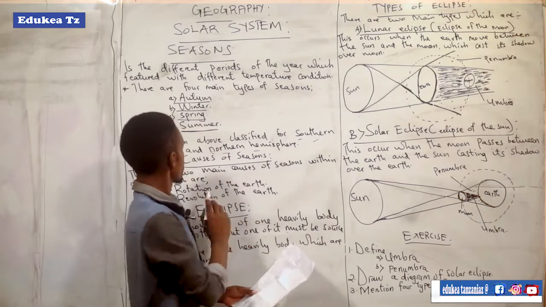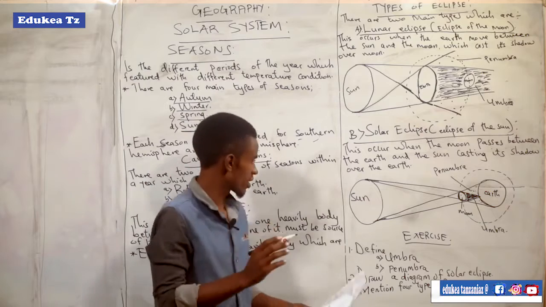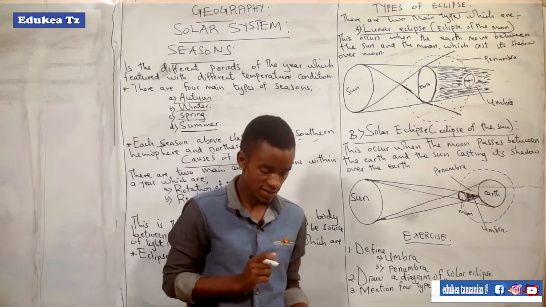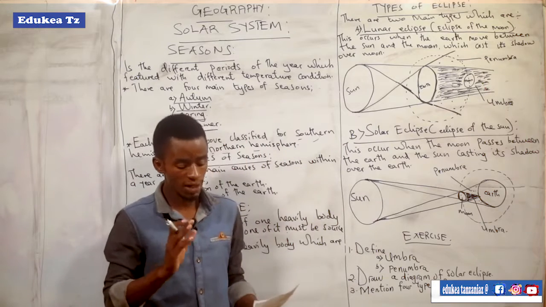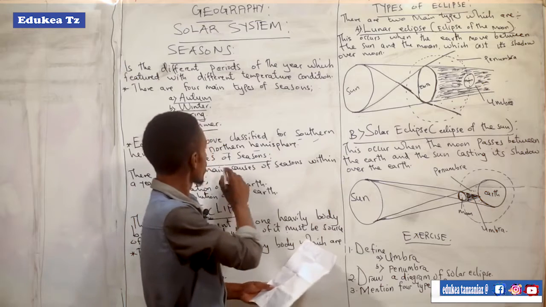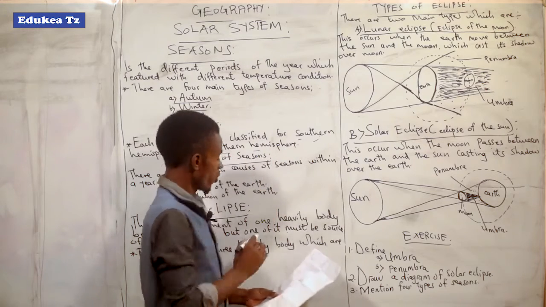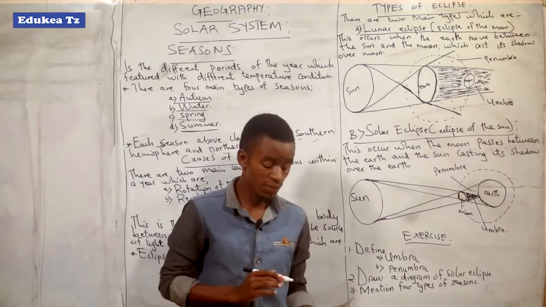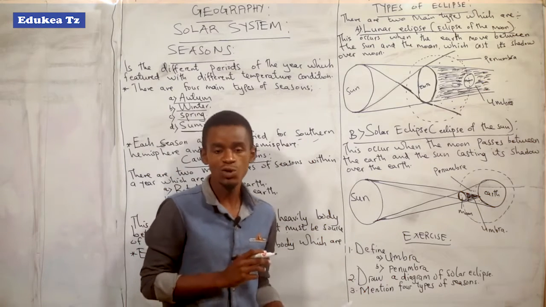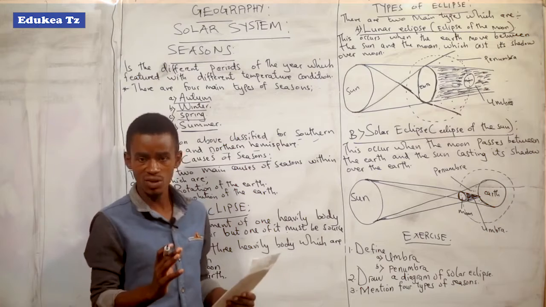Finally, we look at spring. Remember that in the northern hemisphere, spring takes place around February, March and April. But when we come to the southern hemisphere, spring takes place in August, September and October. So we see the difference.